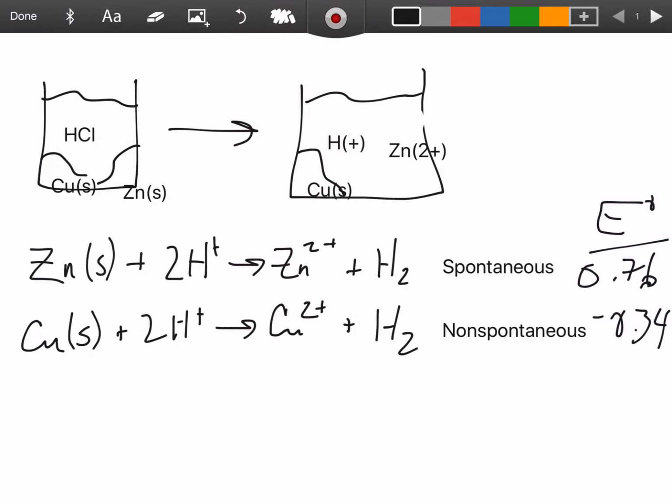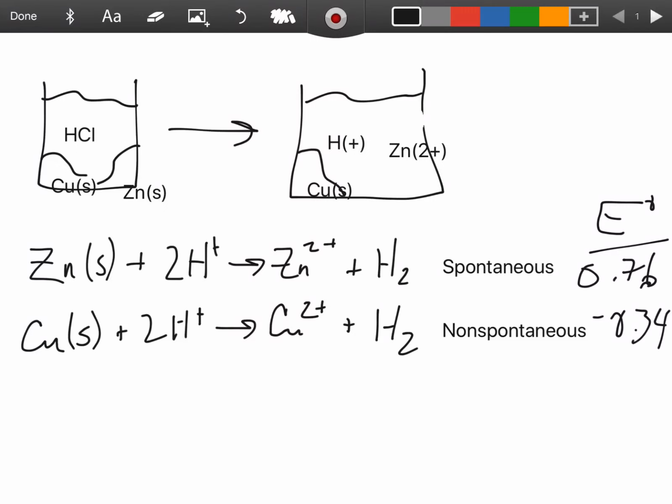So it turns out, actually, that we can determine spontaneity with something other than just delta G. Remember, we were using delta G before, and if delta G was negative, then the reaction was going to be spontaneous. And if delta G was positive, it was not spontaneous. Now it appears that we can also look at the potential of a reaction and see if it is going to be spontaneous or not.